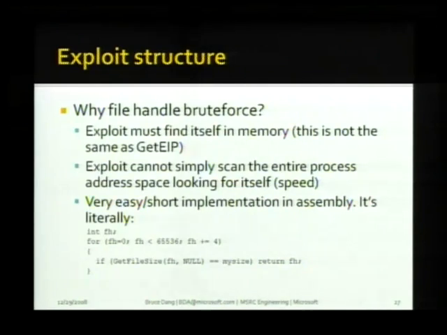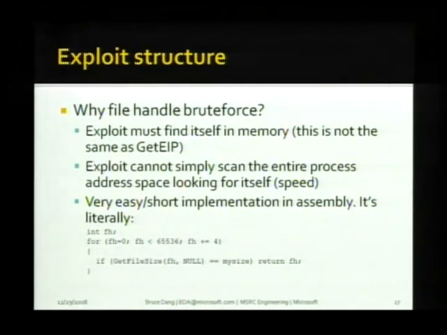The other way they can do it is to scan the entire process space and look for sentinel values, and then say, once I see value 0x123, I know that's my file, and I'll start parsing. But in reality, that doesn't work because the entire process space is very big, and you don't want your exploit to take too long because people will get impatient. They'll just close it.